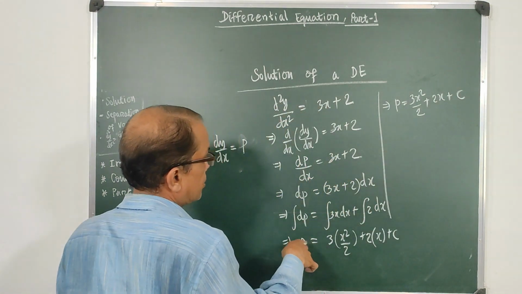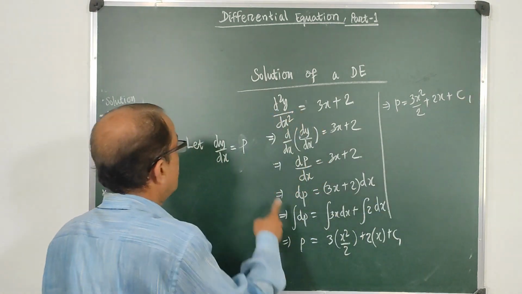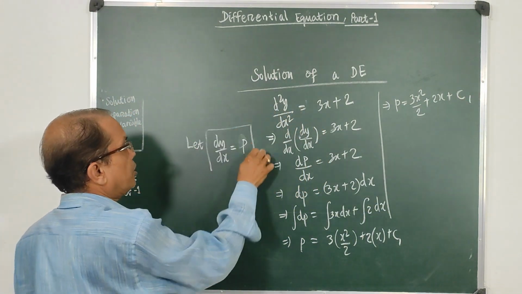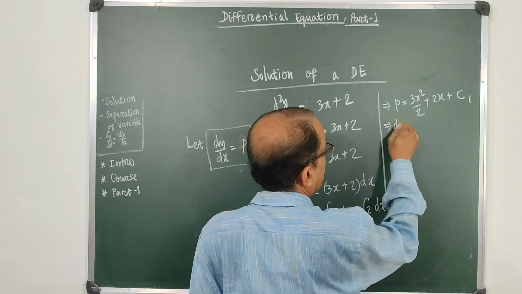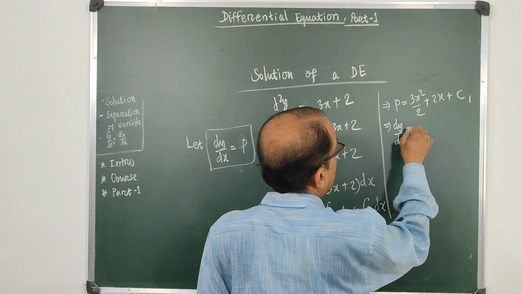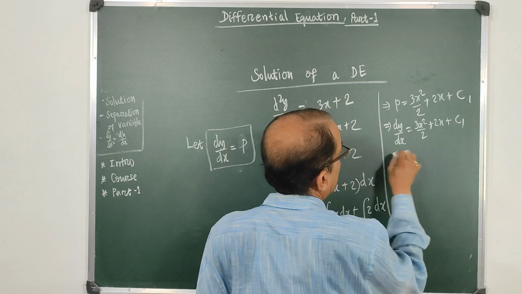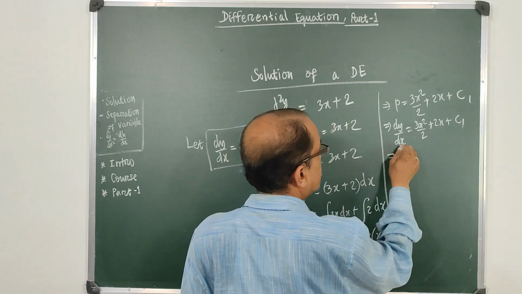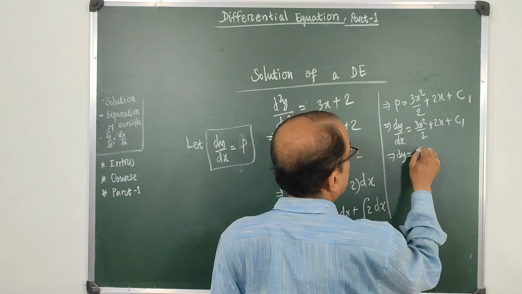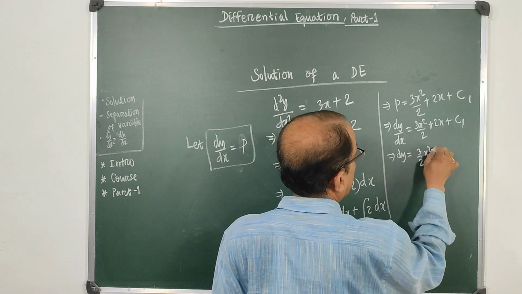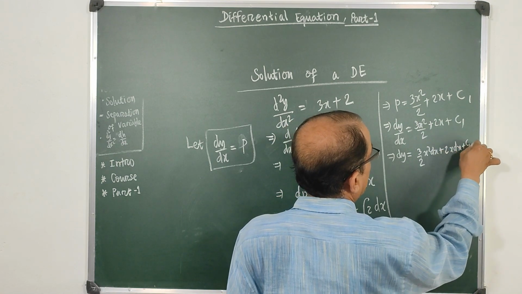Since this is the first time we are integrating, let us take it as c1 here. Now p was the substitute for dy by dx, so we can write it again: dy by dx is 3x square by 2 plus 2x plus c1. Now separate the variables, keep dy on the left side and take dx to the other side. You get dy is equal to 3 by 2 x square dx plus 2x dx plus c1 dx.